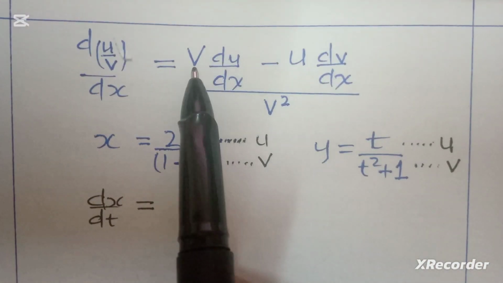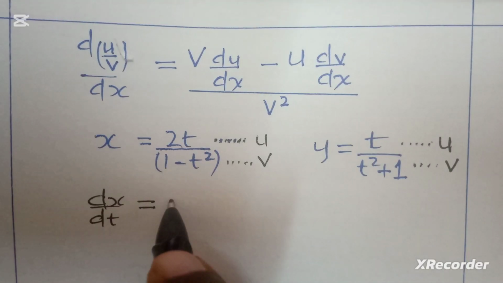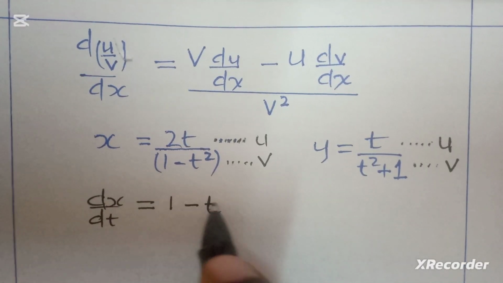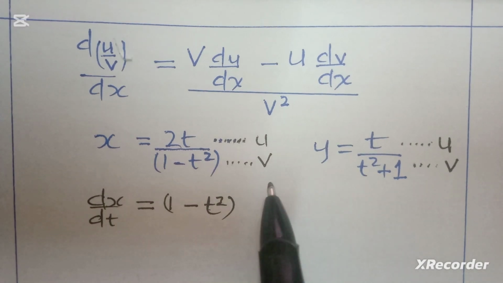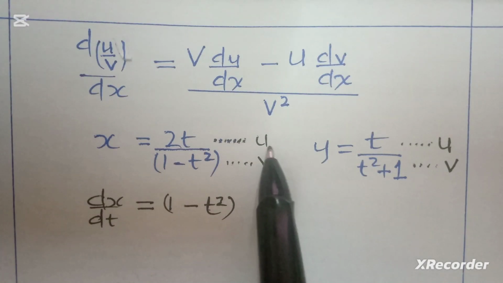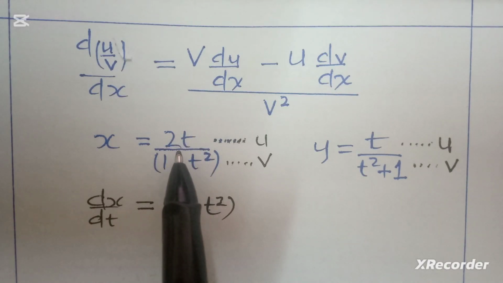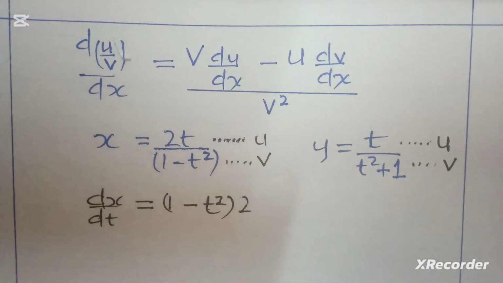first we look for v. V we have, so we can write v as it is, 1 minus t squared, like that. And then du dx, this is the differentiation of that. We're going to have 2, like that.